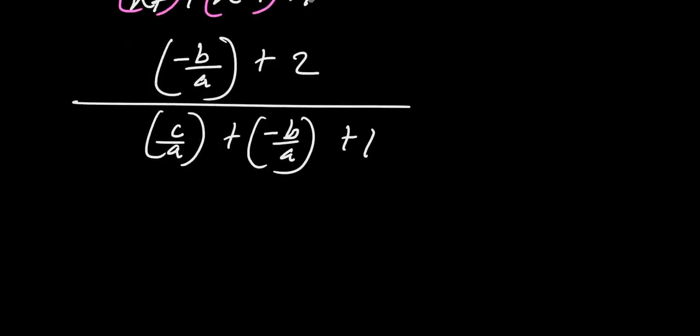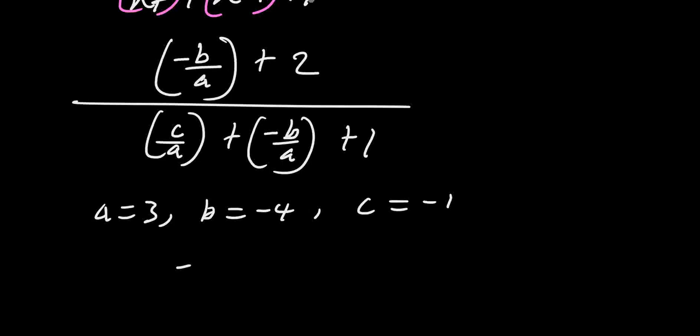From the equation, we have that a is equal to 3, b is equal to negative 4, and c is equal to negative 1. So let's substitute these values into the formula. This is negative b over a, and we already have negative 4 here, so this negative 4 will multiply this negative over here.